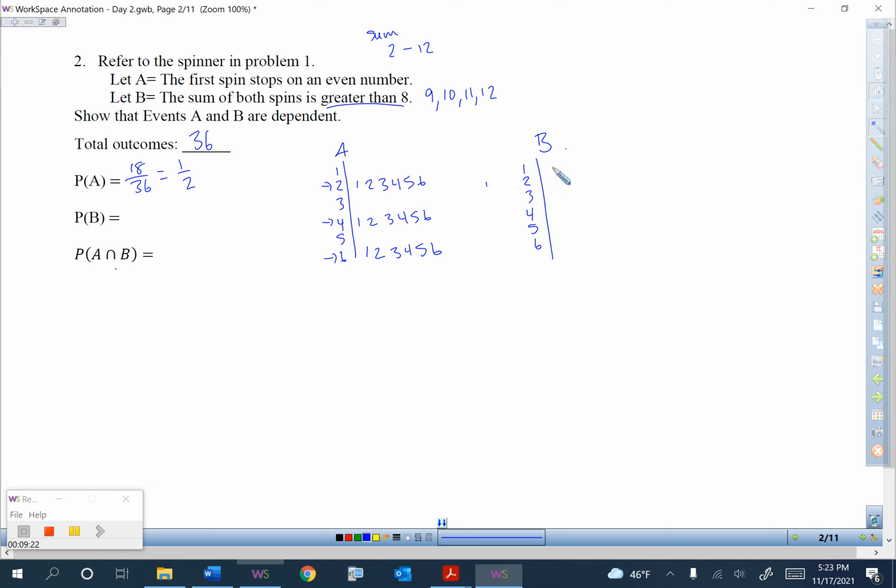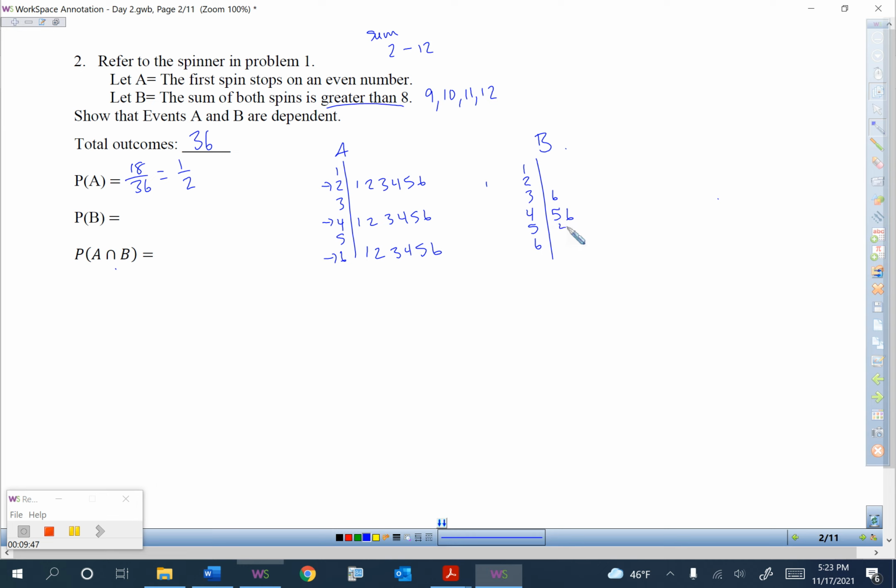Okay, so 1, since my highest number is 6, is not possible. Okay, 2, again, highest number is 6, I only get a sum of 8, not possible. But as soon as we get to 3, we get a sum of 9 to show up. 4, I can do with 5 or 6, get a sum of 9 or 10.